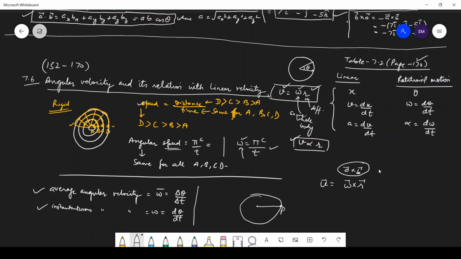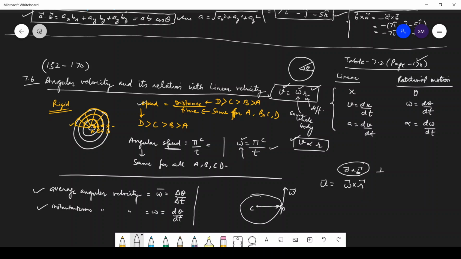It is perpendicular to the plane containing a and b. Omega is along the z-axis, which is perpendicular to the plane of this circle. That is your omega. Where is your r? R is the position vector, from the center C to P.